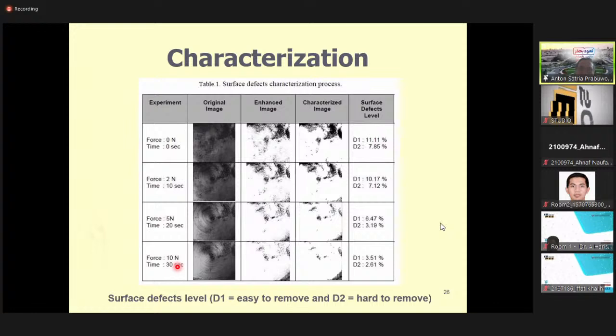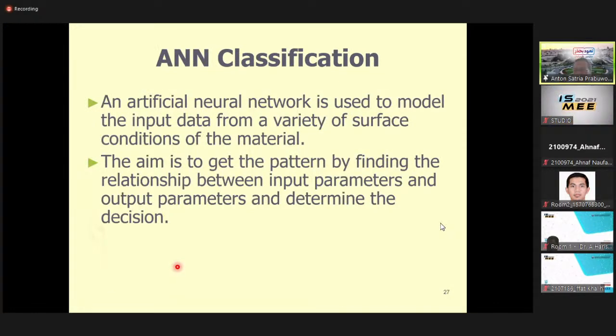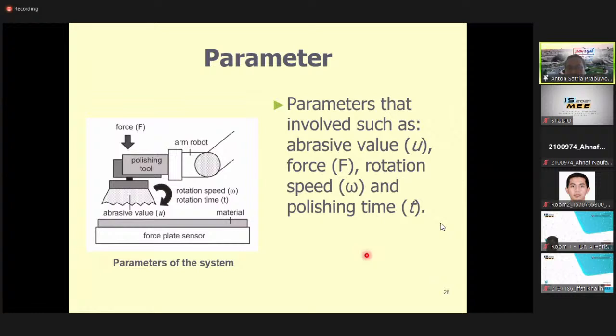All right. So the ANN classification, we use to model the input data from the variety of surface conditions, to get the pattern, finding the relationship between input and output in order to determine the decision.